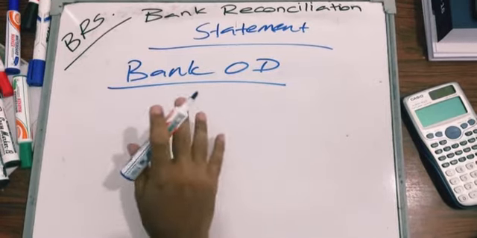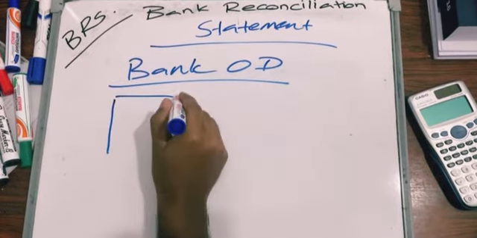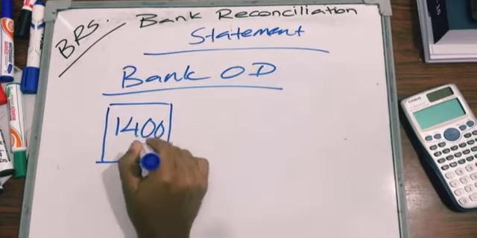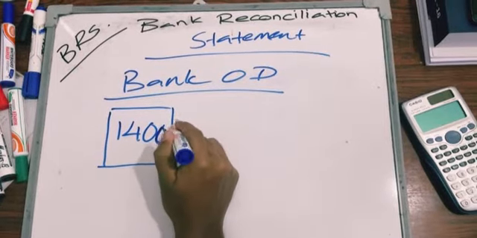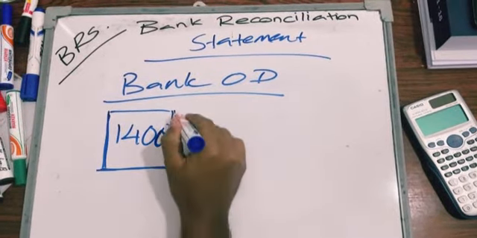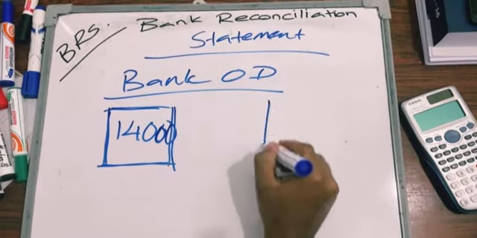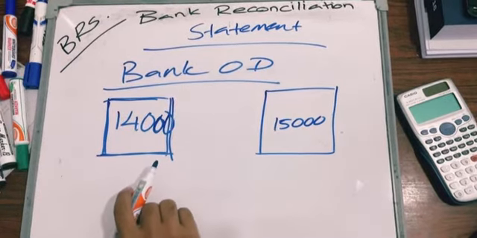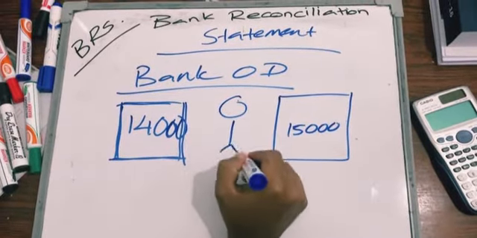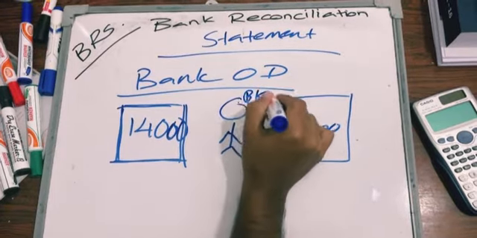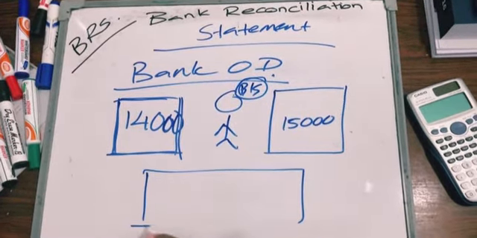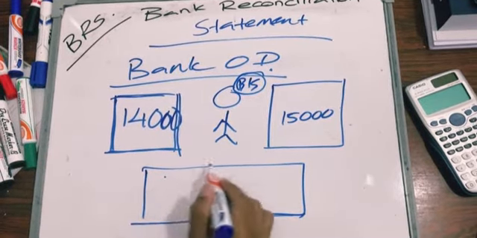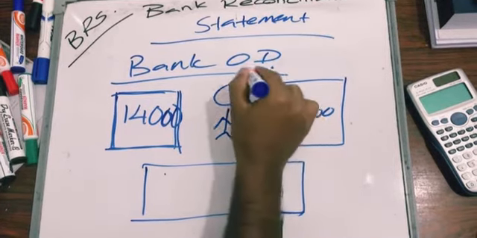liquidity problems. Example, a respective customer has an account balance of 14,000 rupees, but he has to make a payment of 15,000 rupees. In that situation, the business can draw a check directing the bank to pay 15,000 on behalf of the business.